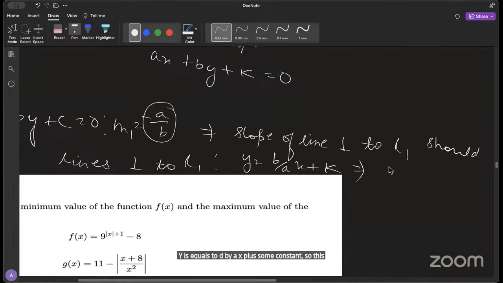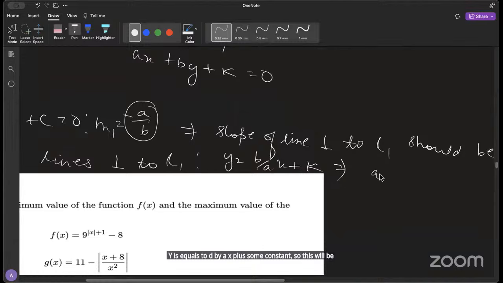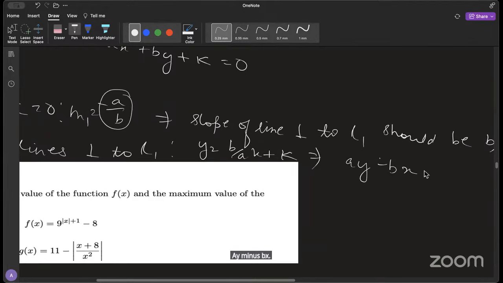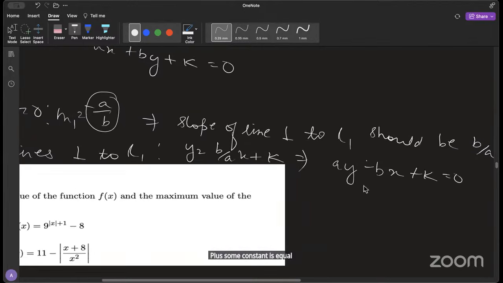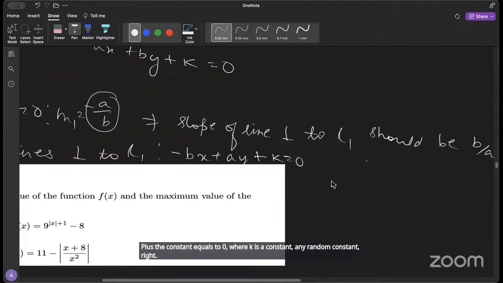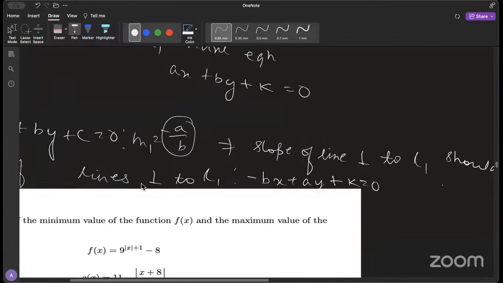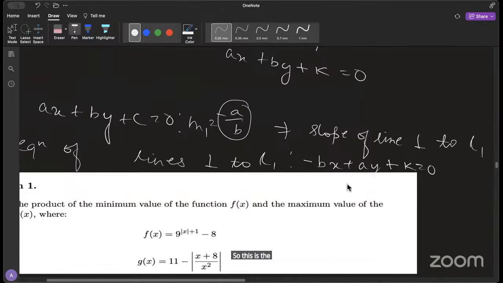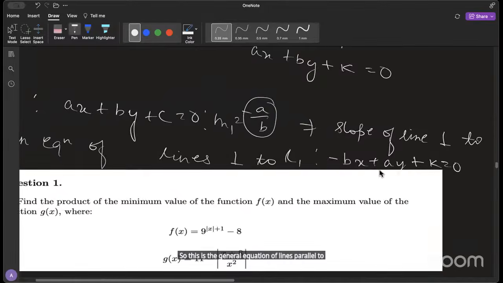So this will be ay minus bx plus some constant equals 0, or I'll rewrite this as minus bx plus ay plus k equals 0, where k is any random constant, right? So this is the general equation of lines perpendicular to this line. Is this okay?